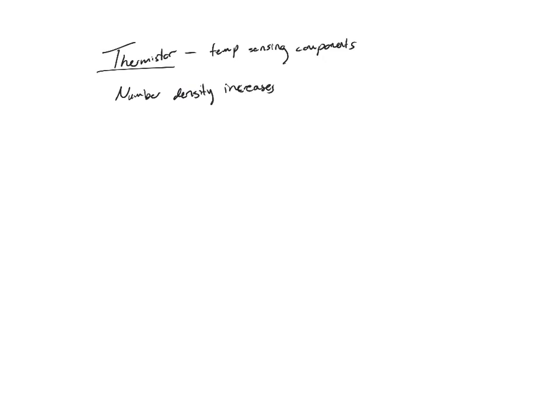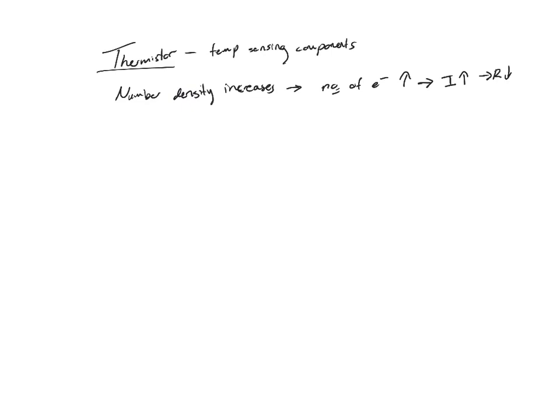We've seen it in chapter 8. It's the number of free charge carriers, which means the number of electrons actually increases. And if there are more electrons, the current should be higher. So current increases, which means that the resistance will be decreasing.